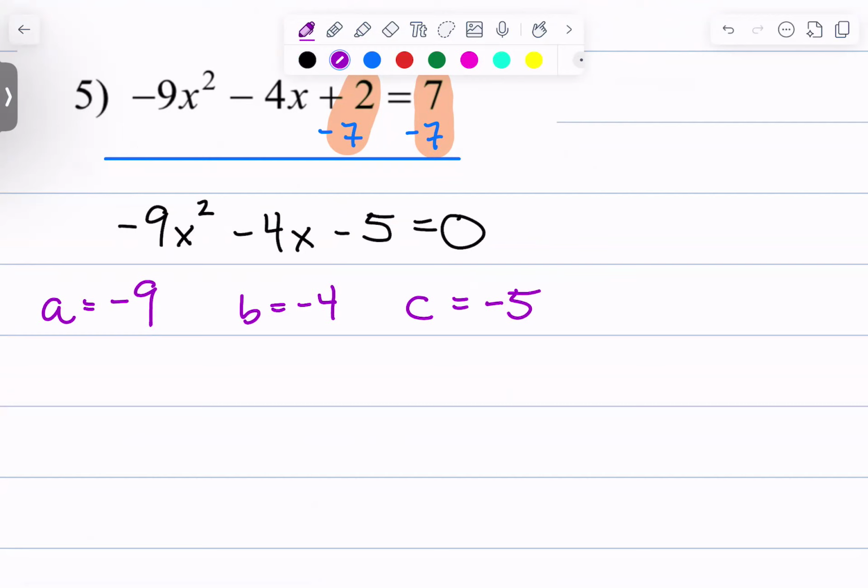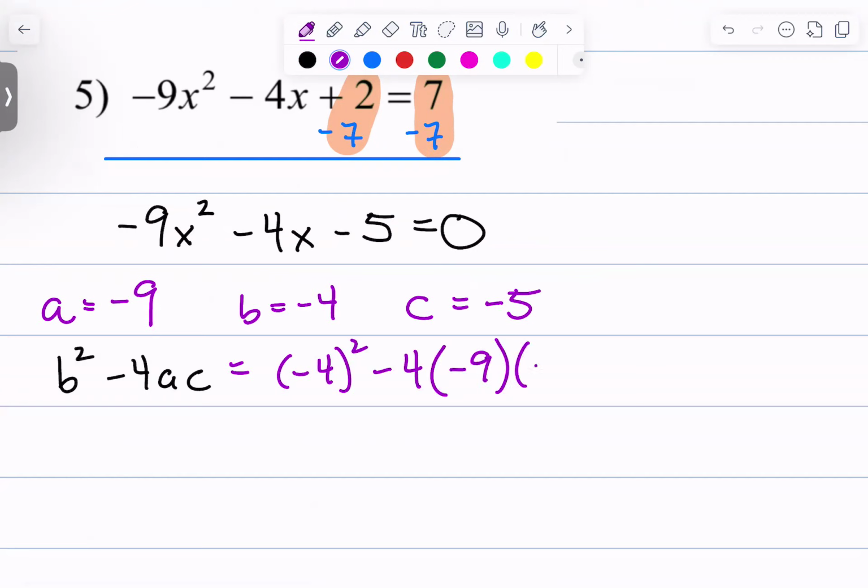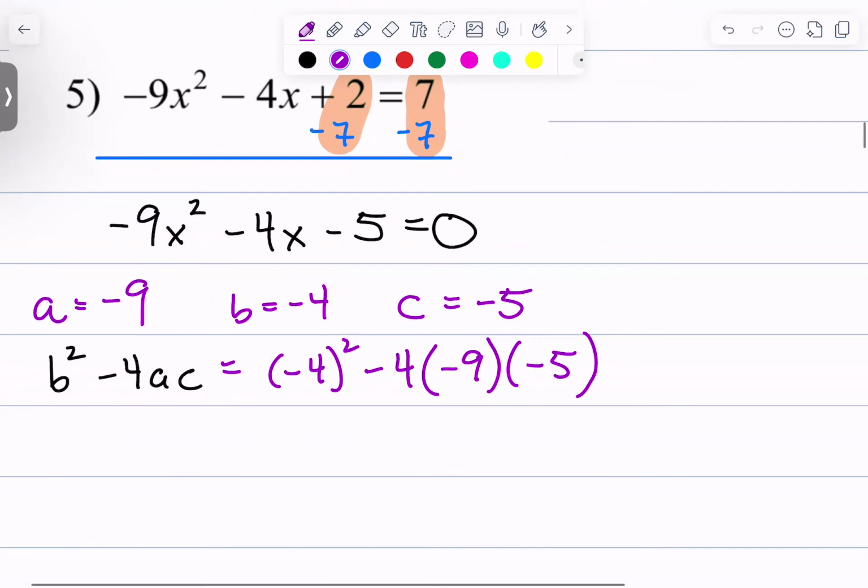Again, it's b squared minus 4ac. So b squared is -4 squared minus 4 times -9 times -5, my C value. So I have 16 minus, because I have 3 negatives, what's 4 times 9? Or what's 4 times 5? 20. 4 times 9 is 36.